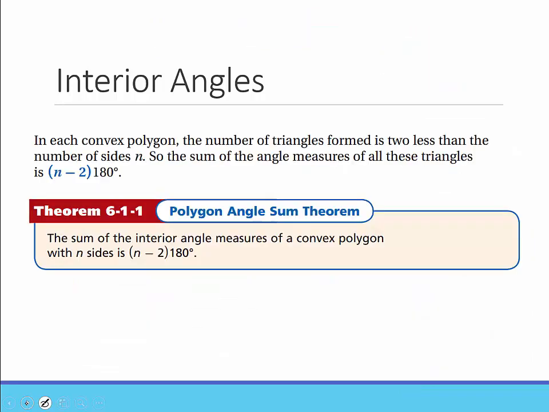In each convex polygon, the number of triangles formed is 2 less than the number of sides. So the sum of the angle measures is n minus 2, where n is the number of sides, times 180 degrees. So we have something called the polygon angle sum theorem. We already had the triangle angle sum theorem. This works for every single polygon.